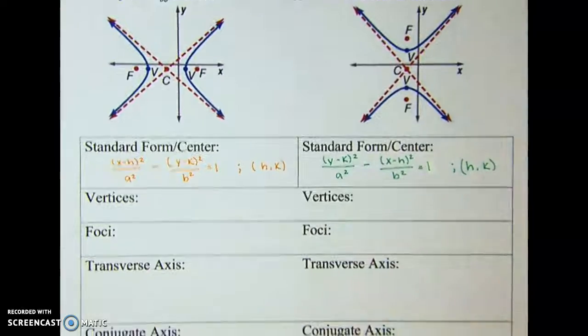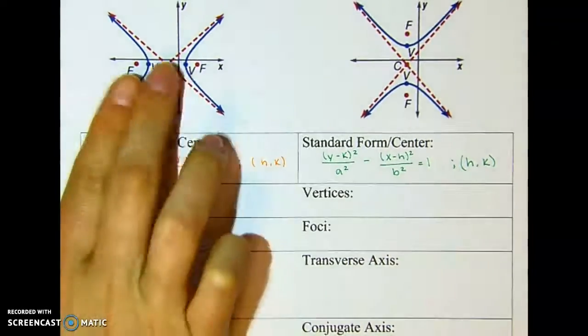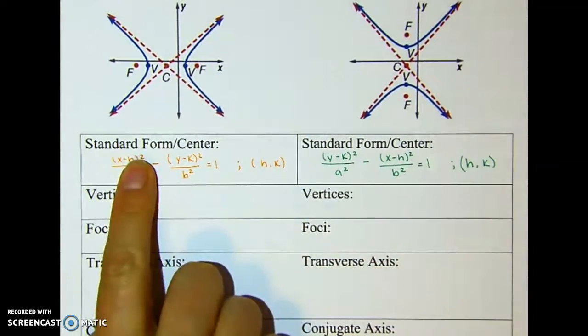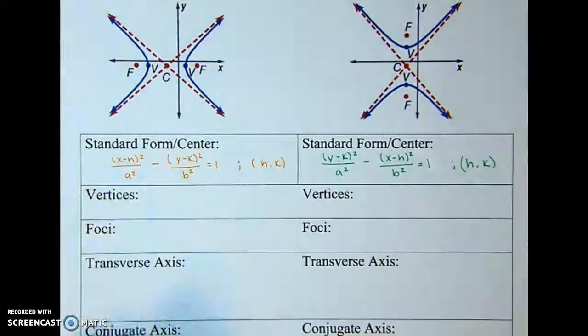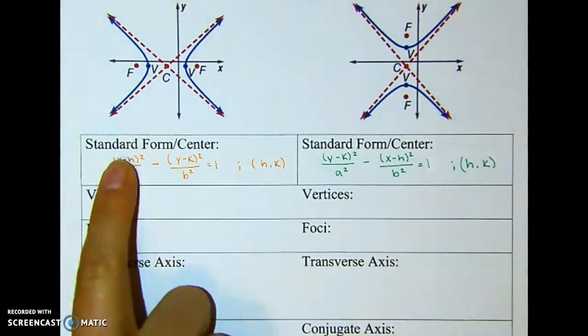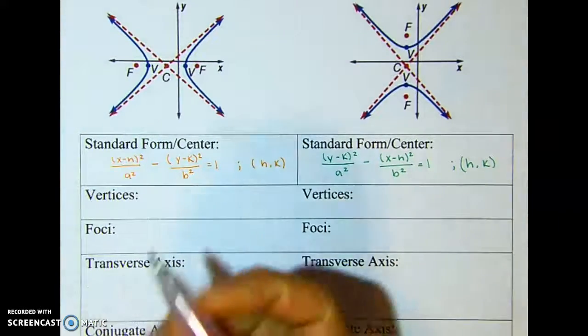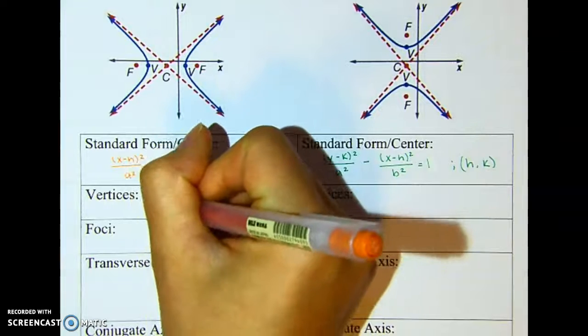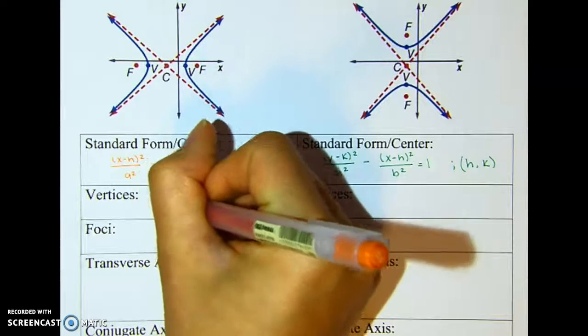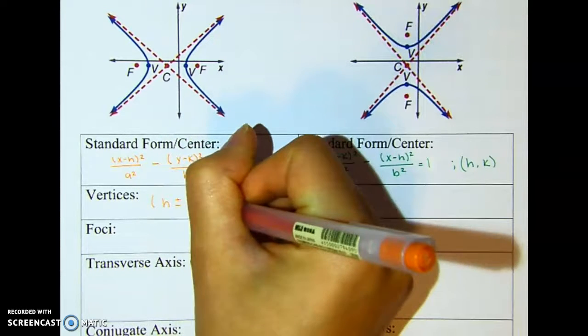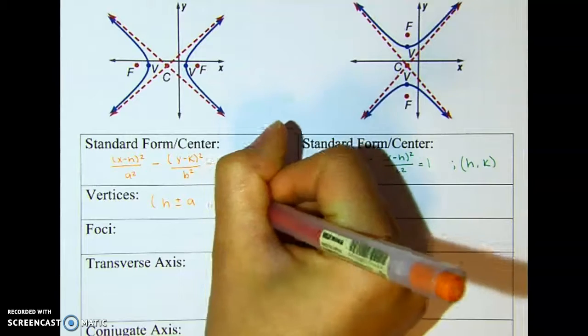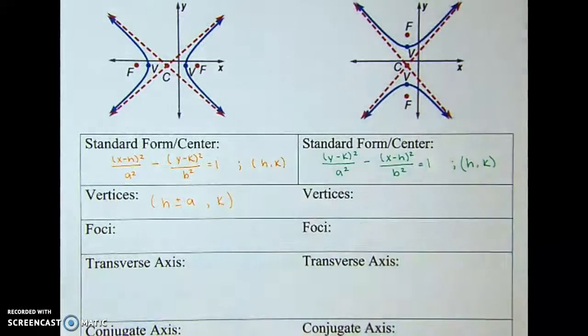All right, so then your vertices, if you are facing this direction, we're facing towards x values because our a squared is under the x. The vertices are going to be at (h plus or minus a, k), and the k value is going to stay the same.